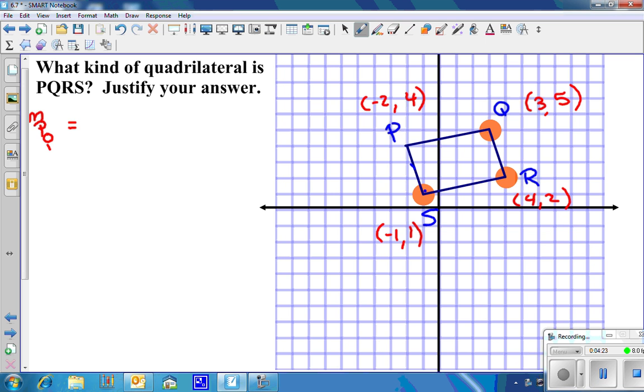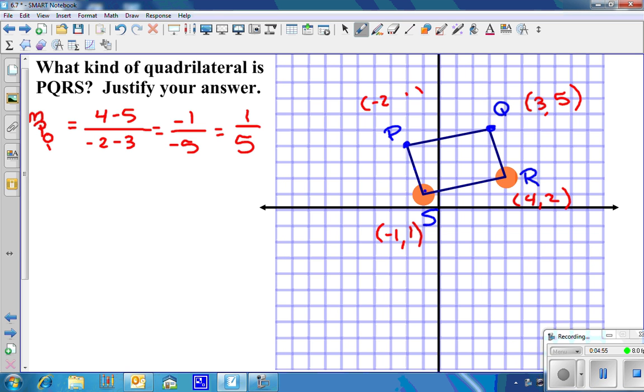So you can do rise over run, or you can do the slope formula. 4 minus 5 over -2 minus 3, and I get -1 over -5, which gives me 1 over 5. And I can check it by using rise over run. Rise 1 over 1, 2, 3, 4, 5. So +1 over 5. That's my slope. The other slope should be opposite reciprocals of it, right?